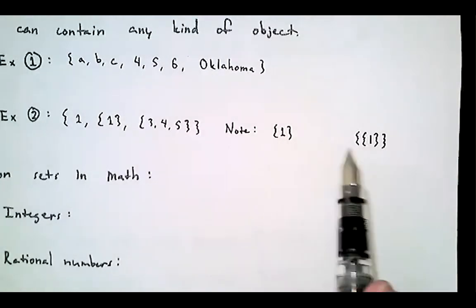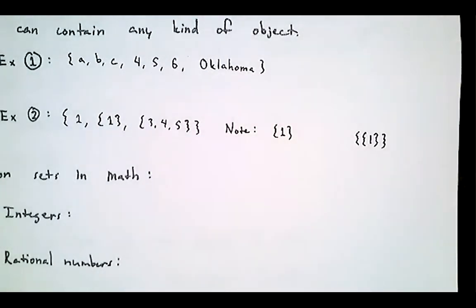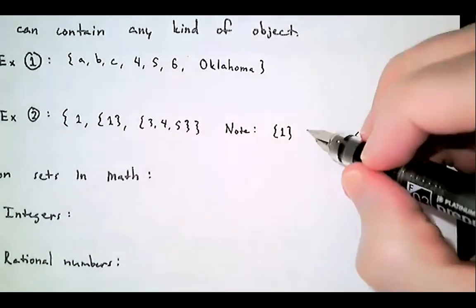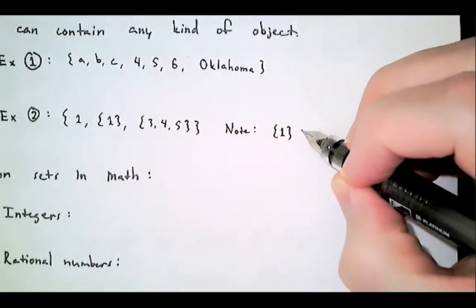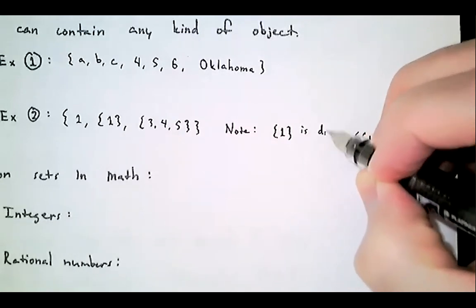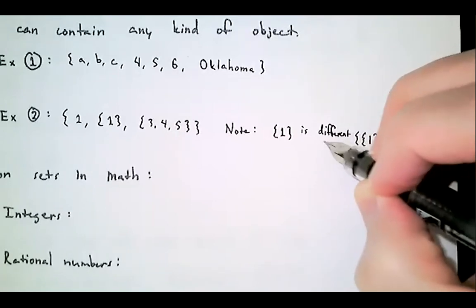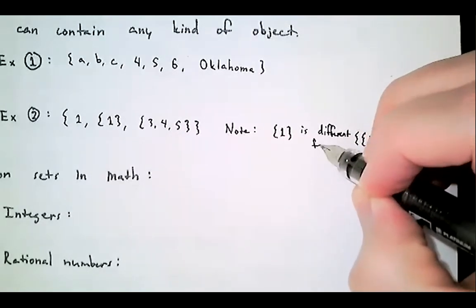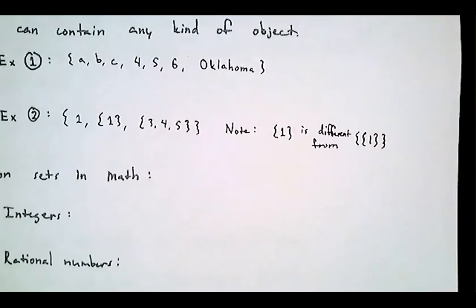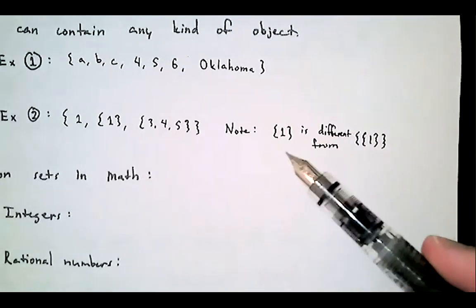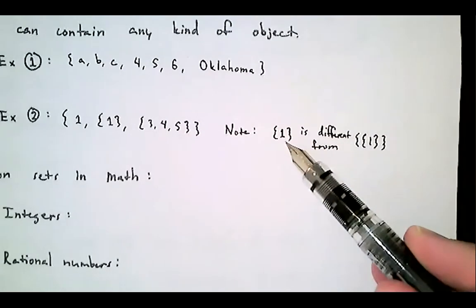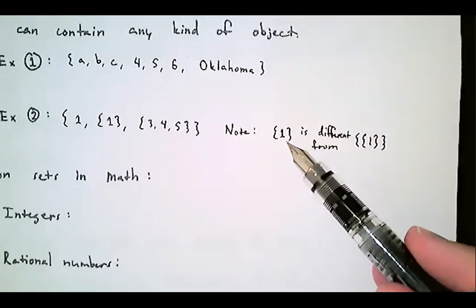Are these the same or different? I'm going to go out on a limb here and say the same. Okay. So they're actually different sets. So the reason in a nutshell is that this first set has a number inside of it, right?